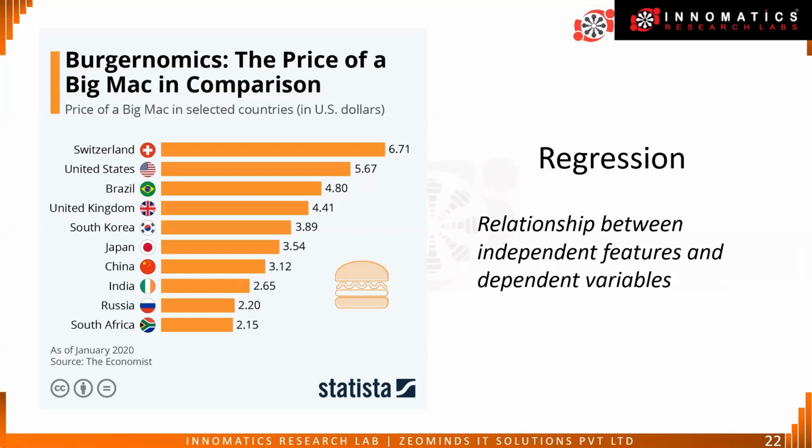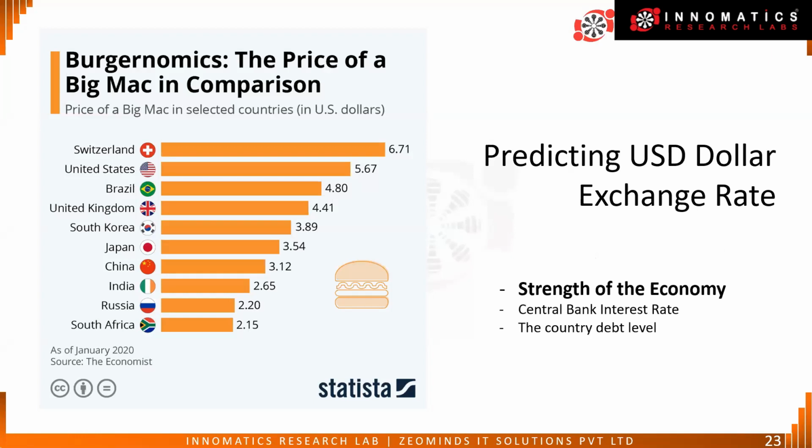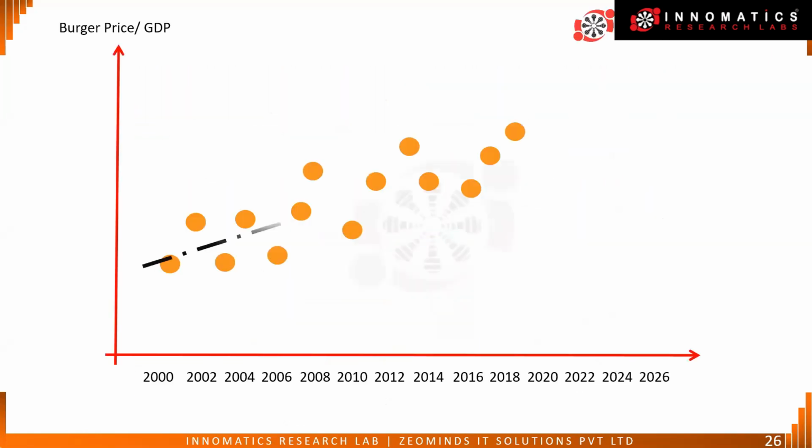So in order to understand the GDP, we try to find the relationship between the two variables with a single line. Regression talks about the relationship between independent features and the dependent variable. In simple terminology, it always talks about the relationship.